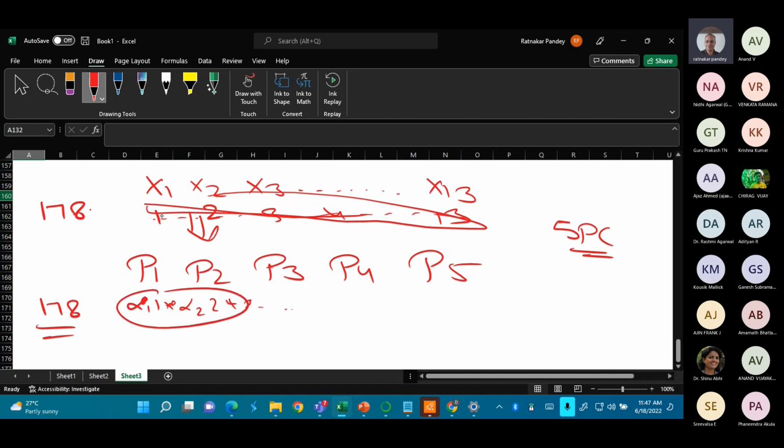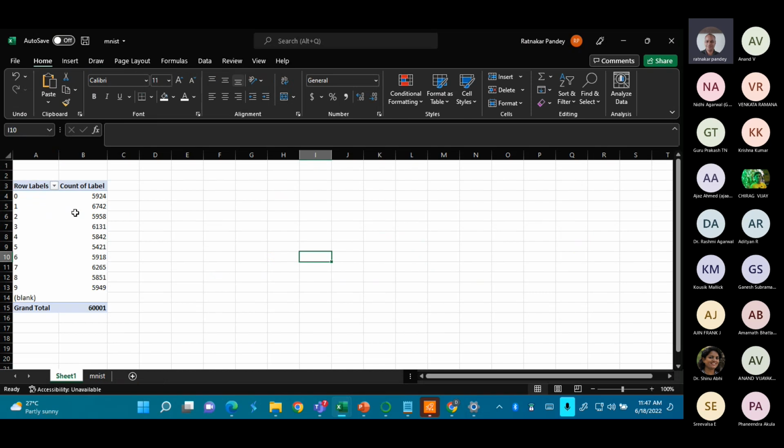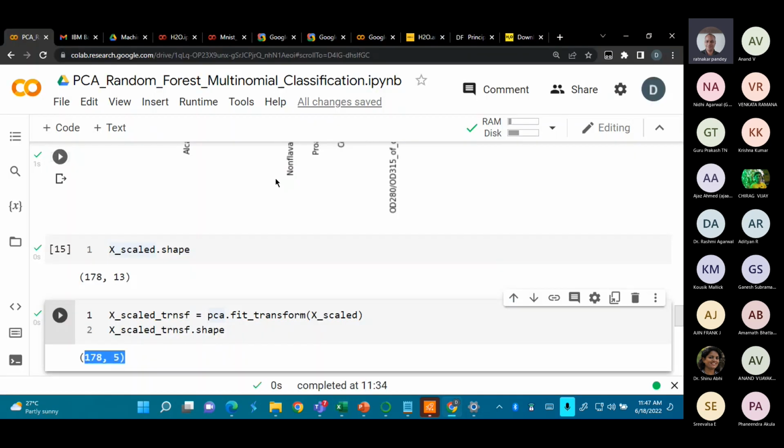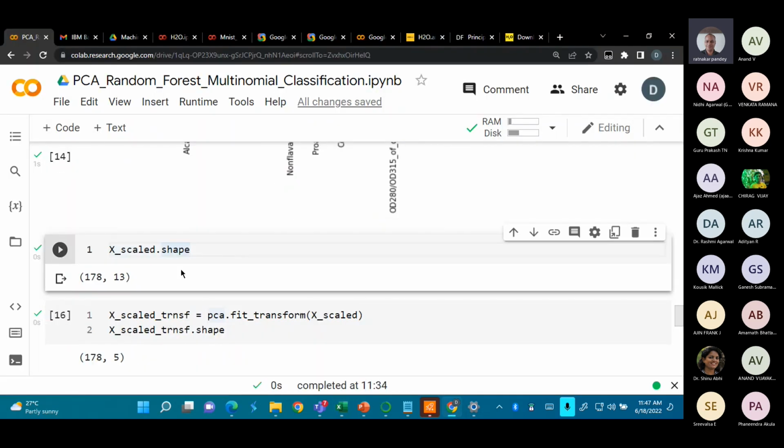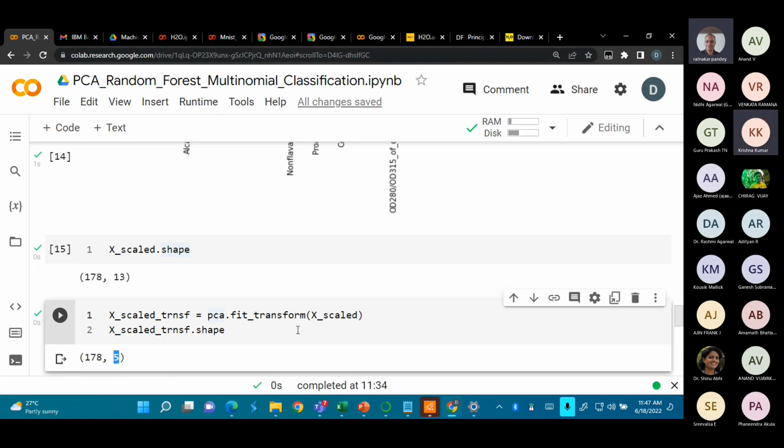So they have been reduced from these original values to 5 components using that linear equation that we have spoken about earlier, right? They are a summarization of that. So now they're not the original values. And when you come back and look at this, you can see that indeed my 13 features have now been reduced to 5 features, while the number of rows remain the same.